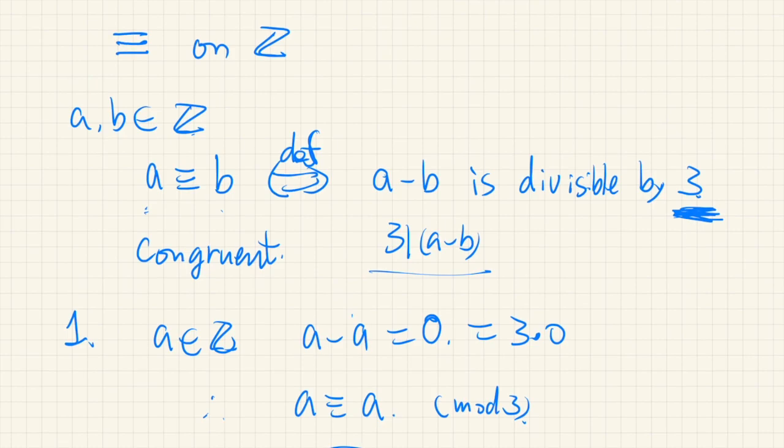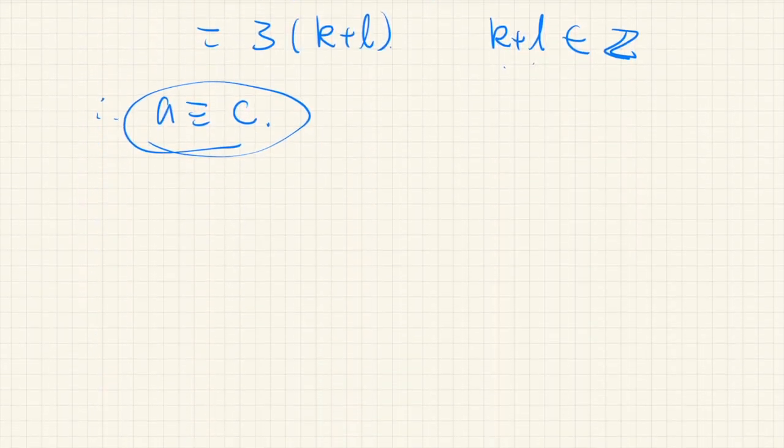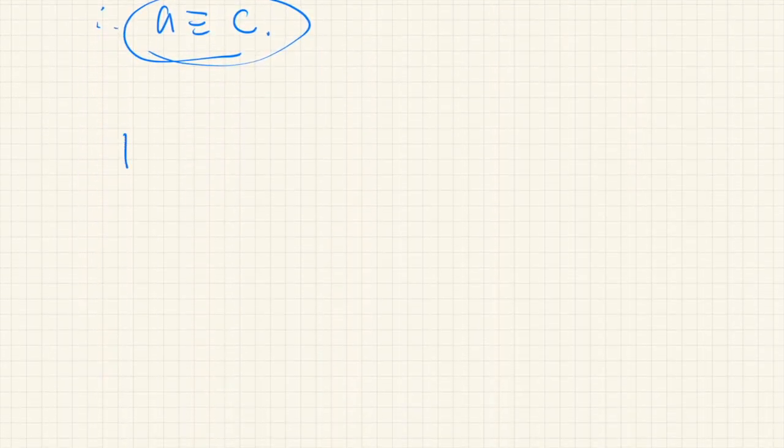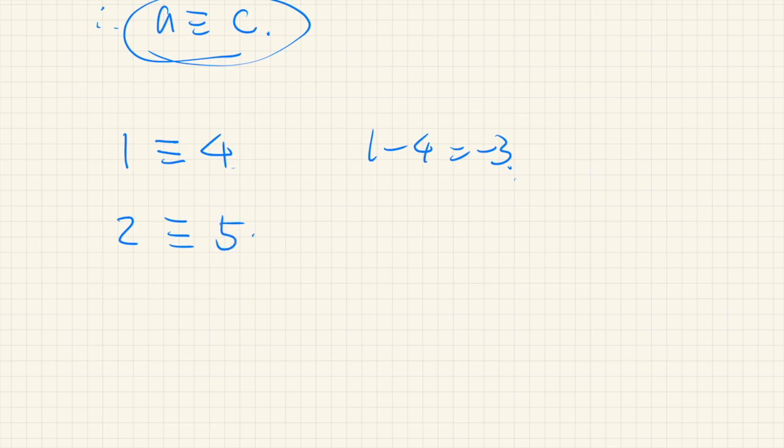By the way, what's the meaning of this congruency relation in this case? So a minus b is divisible by 3, or it's a multiple of 3. For example, 1 is congruent to 4 because 1 minus 4 is negative 3, so it's a multiple of 3. And 2 is congruent to, for example, 5, which is also congruent to 8, since 5 plus 3 is 8, and so on.